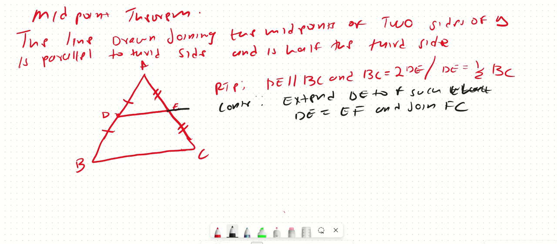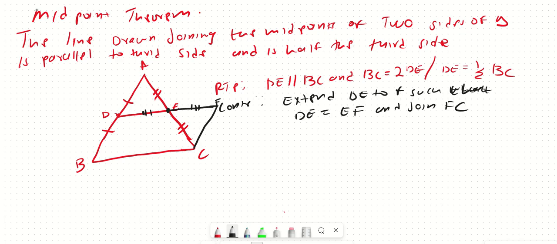So I'm going to have an extension here, and then have F here and join here. Make sure that this is equal to that. That's what we are doing here.